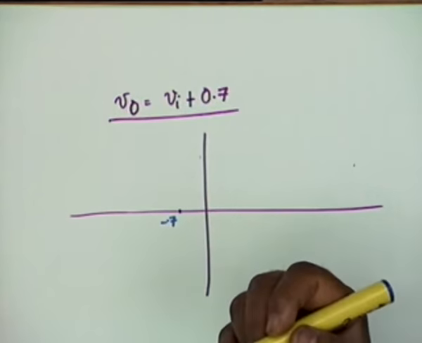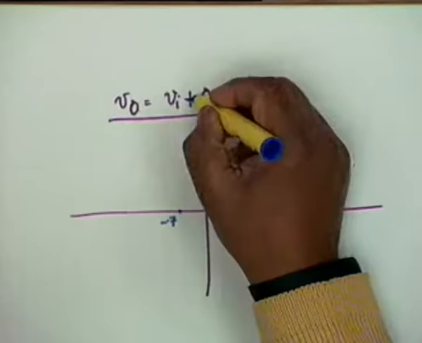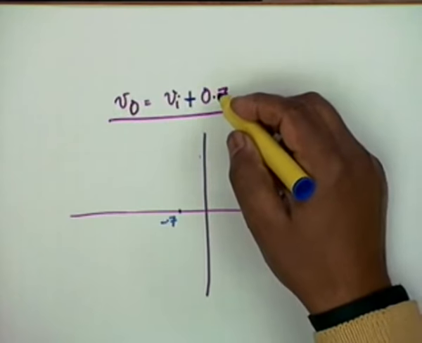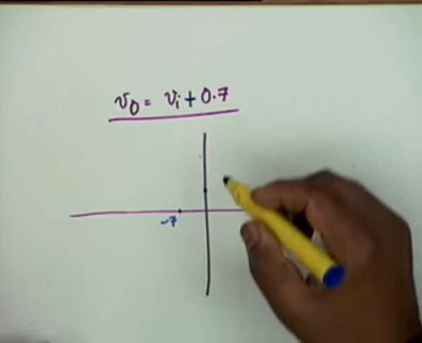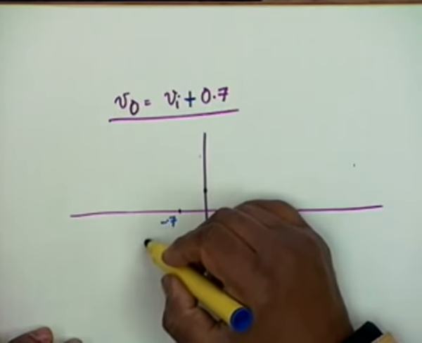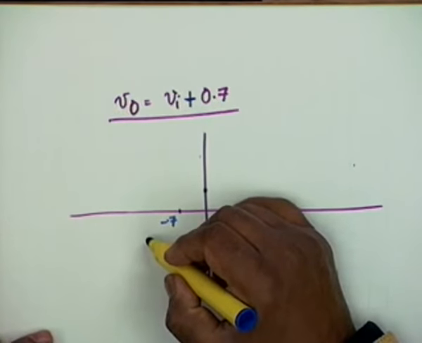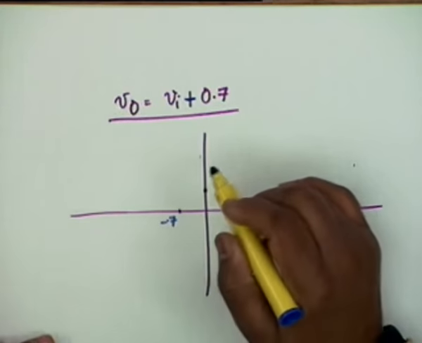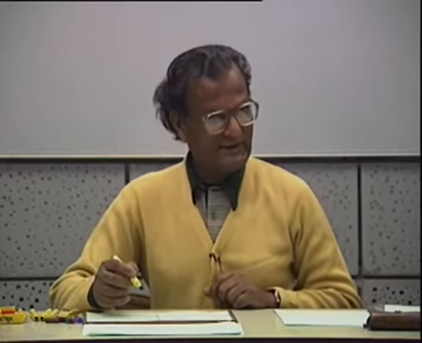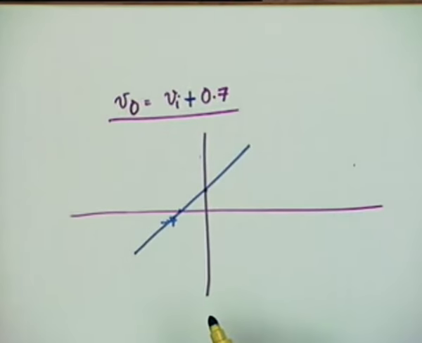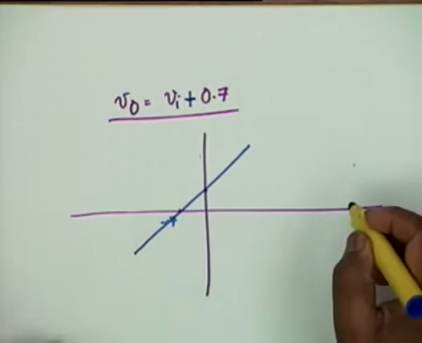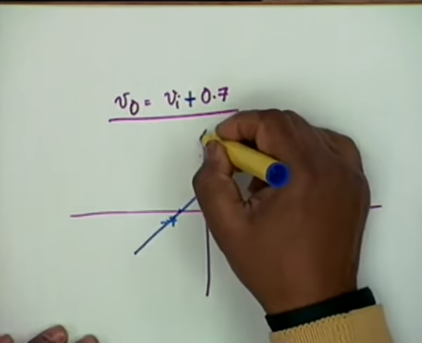I made a mistake. It was the previous story. Previous story was Vi minus 0.7. Now it is Vi plus 0.7, and therefore when Vi equal to 0, V0 is this. Thus the curve now, there is no dead band. Because we have shown that whether you go through Q1 or Q2, the relation is the same. So the curve now goes like this. Okay, there is no dead band. This is Vi and this is V0.